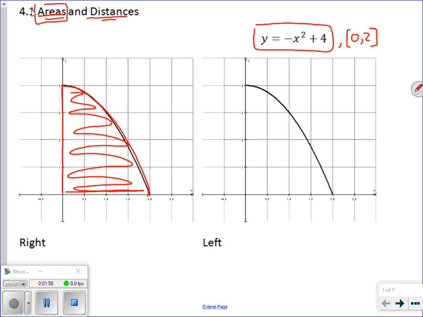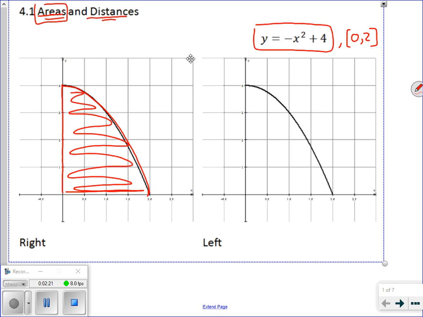Well, finding area underneath the curve is kind of difficult when it's a curve because we can't just do base times height or length times width or anything like that because of the curvature. Like, how do we figure that out? Well, integration is going to be the answer to that. But for now, all we can do, just like when we were doing average rate of change, is just approximate the area underneath the curve.